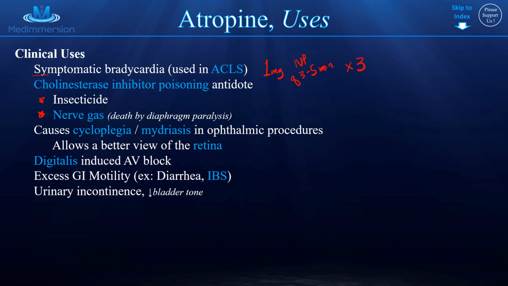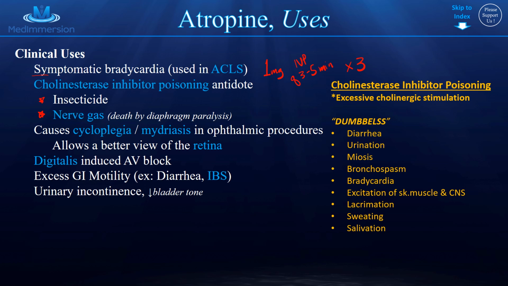And in fact, those symptoms are high yield, and so I'm going to just give those to you right now. I think this is a worthy tangent because it's also high yield. Those symptoms you can remember by the mnemonic DUMBBELS, which stands for the following symptoms: diarrhea, urination, miosis, bronchospasm, bradycardia, excitation of skeletal muscle and the CNS, lacrimation, sweating, and salivation.